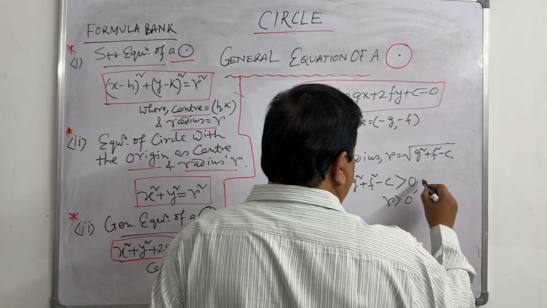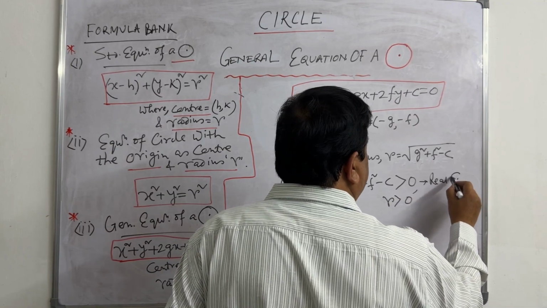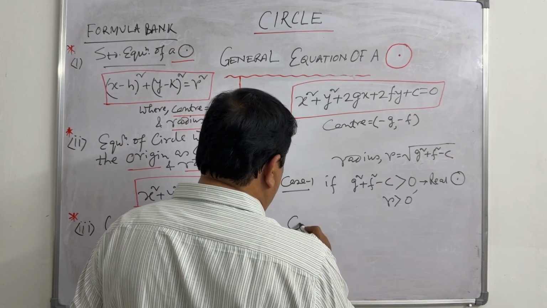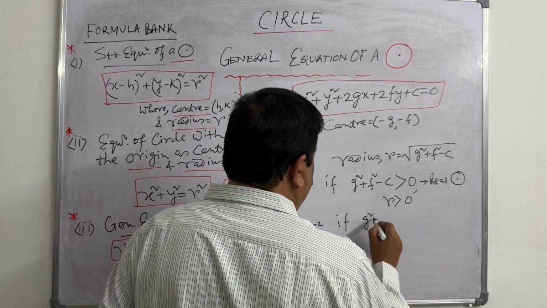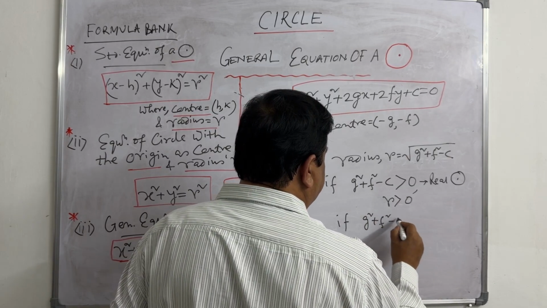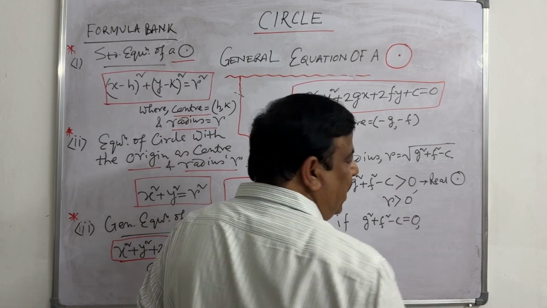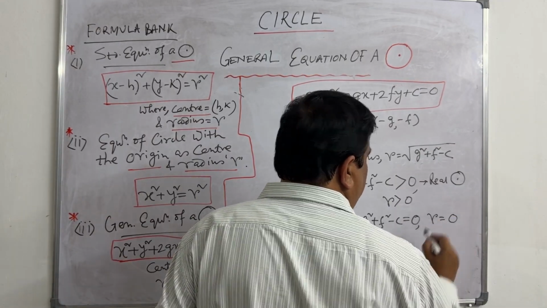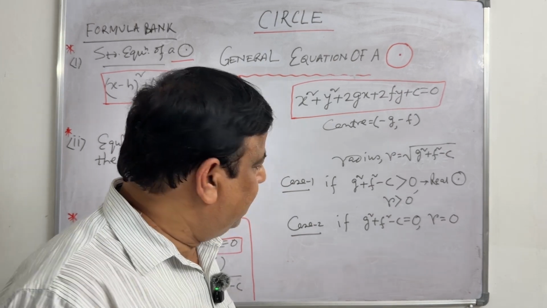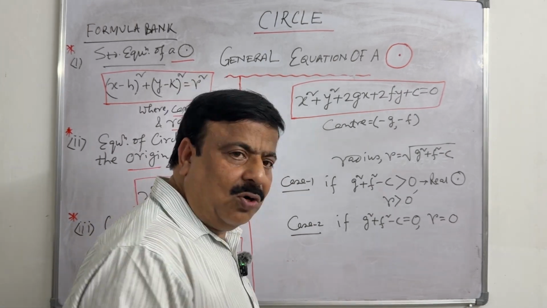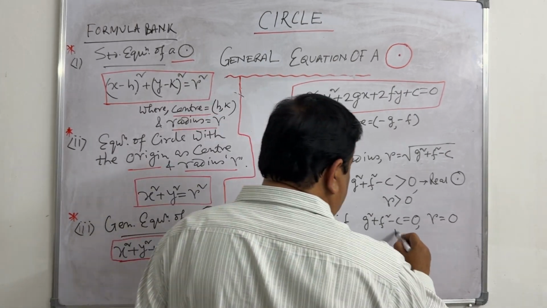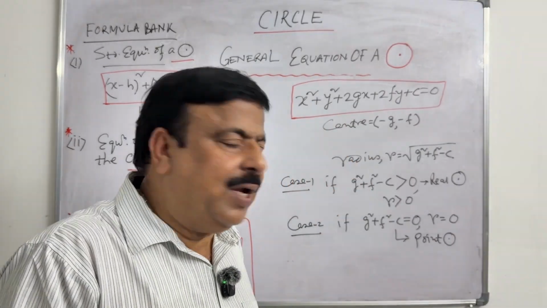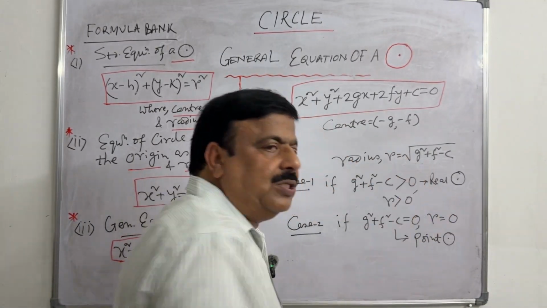Then the circle will be called a real circle. It is practically possible. Case 2: if g square plus f square minus c is equal to 0, then the radius will be equal to 0. So what will the circle be called? It will be called a point circle. The circle will collapse to a point if the radius is 0.